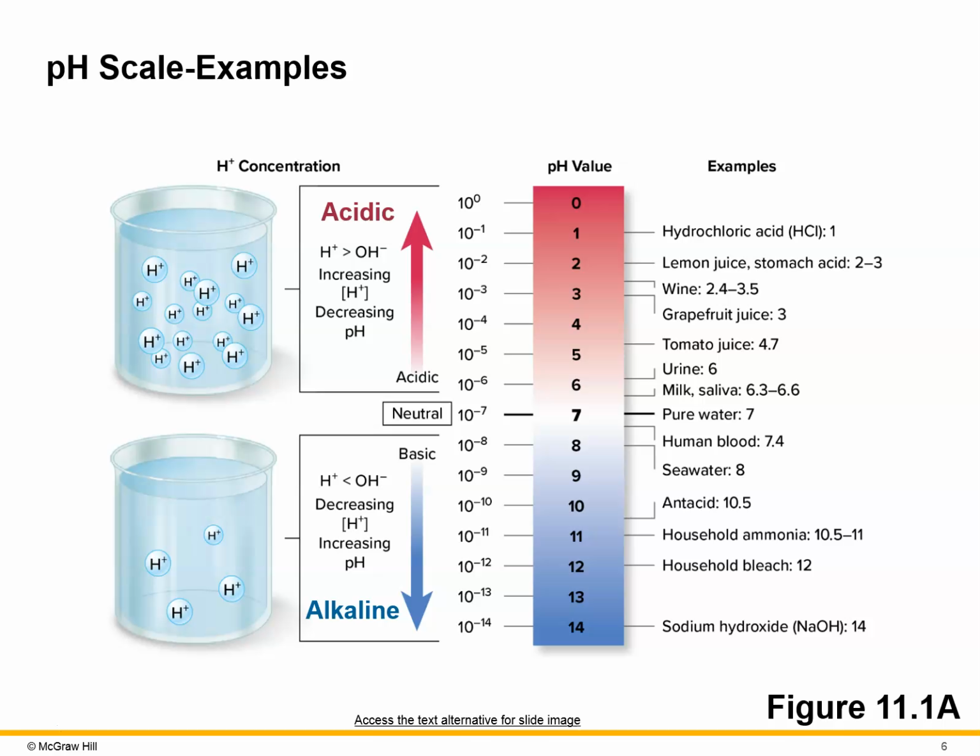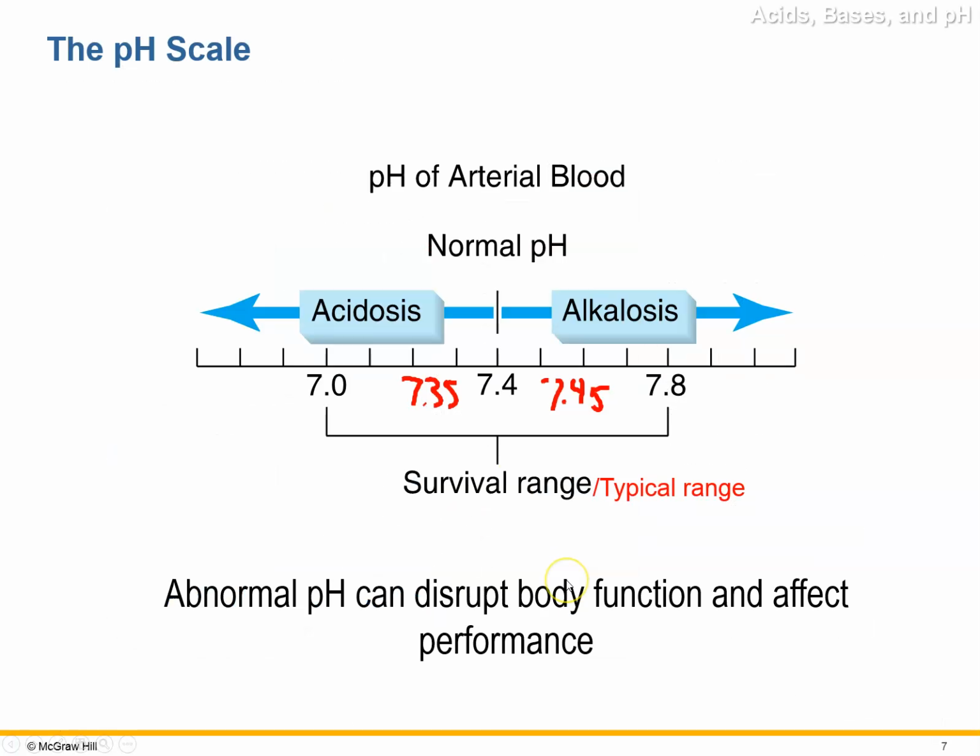Things don't get a lot more acidic in your blood than that, and things don't get much more basic than, say, below pH 8 anyway. So adding hydrogen ions, increasing concentration, means lower pH. These numbers are going down. And becoming more alkaline, lower hydrogen ion concentration, the pH numbers are going up.